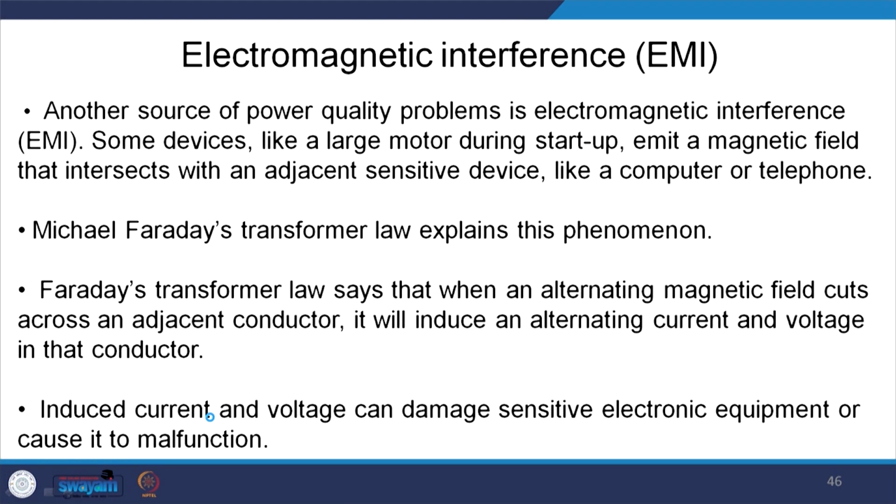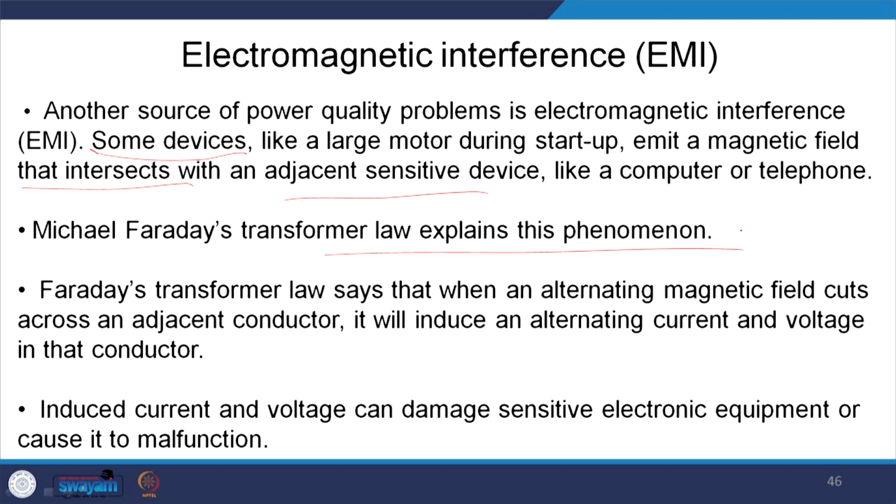So, another important entity is the electromagnetic interference or EMI. Another source of power quality problems is electromagnetic interference. Some devices like large motors during startup emit electromagnetic fields and interact with adjacent sensitive devices like computers, telephones, etc. Michael Faraday's transformer law explains this phenomenon very well.